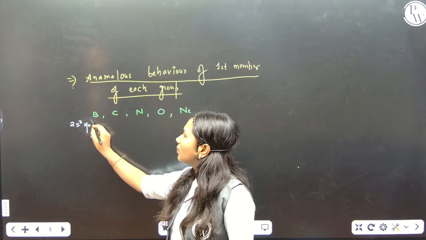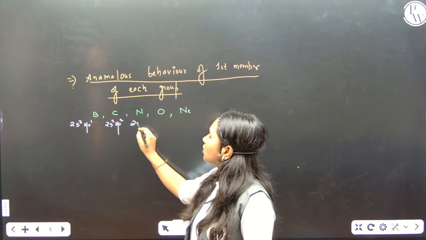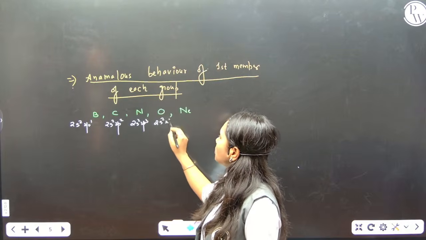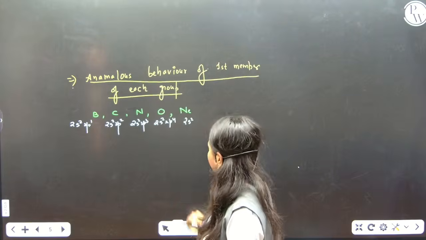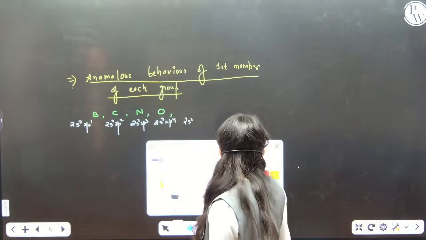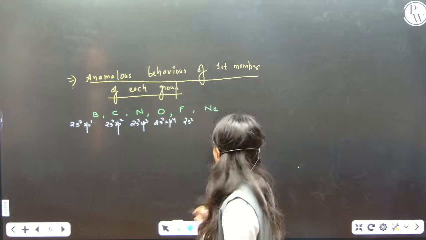2s2 2p1, 2s2 2p2, 2s2 2p3, 2s2 2p4, 2s2 2p5, 2s2 2p6. I missed fluorine earlier; it is fluorine and neon.